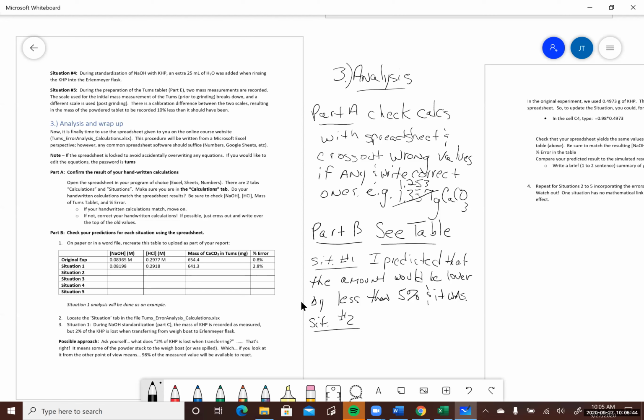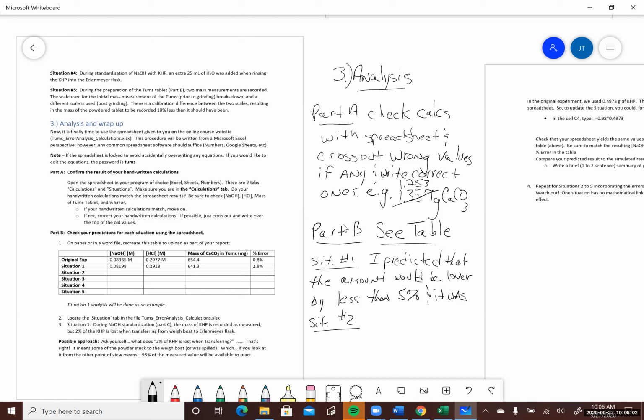So the change was only about 2%. So my prediction was correct, and I guess I got lucky. And so you're going to go to the next situation, and then the next, and continue this.